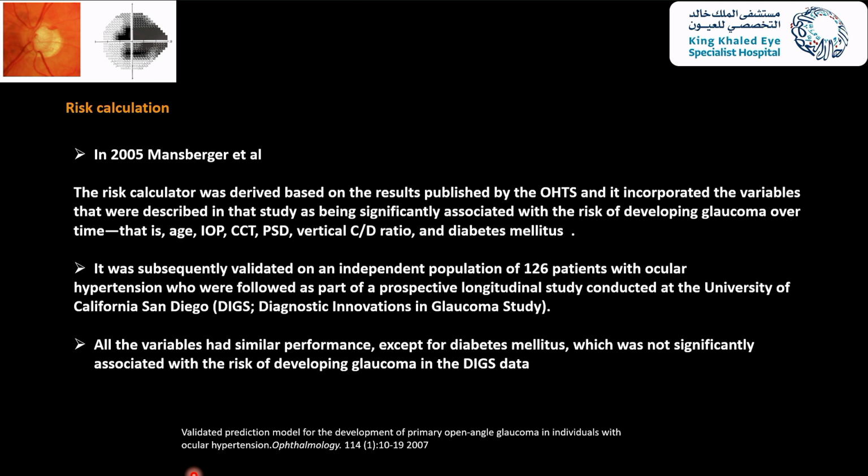Then after that they removed diabetes from the point system, and then they have only the intraocular pressure, age, corneal thickness, pattern standard deviation, and the vertical cup to disc ratio.